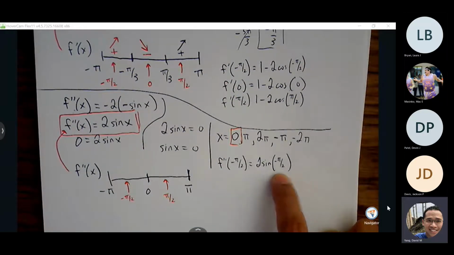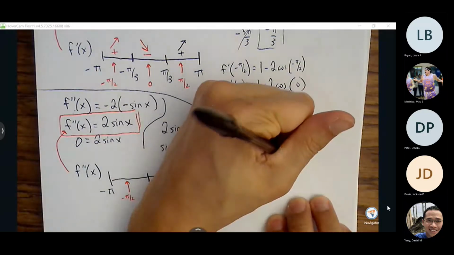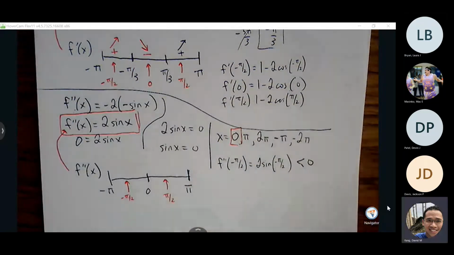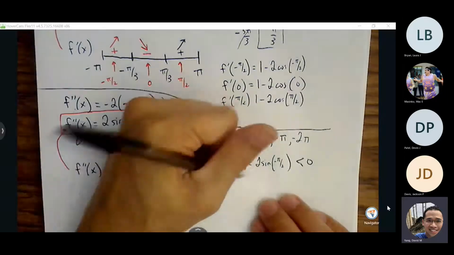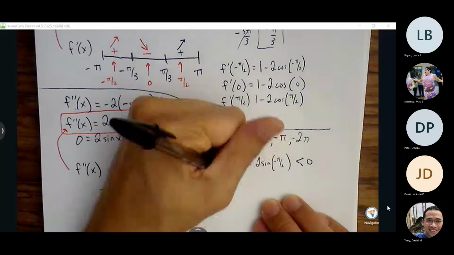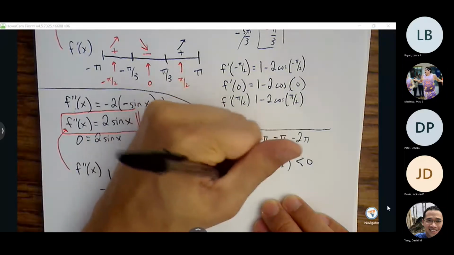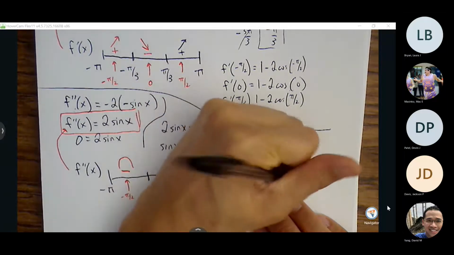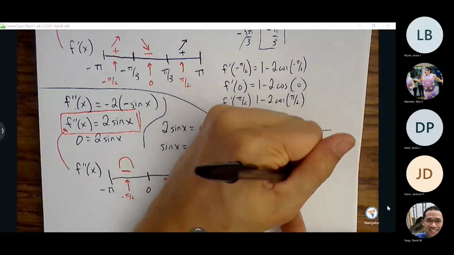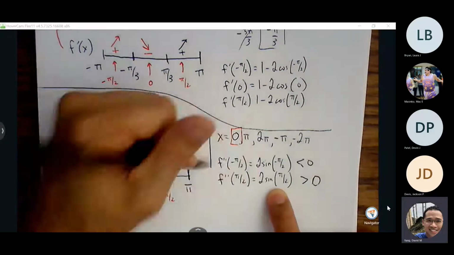That's going to be a negative. Negative 1 times 2 is negative. So negative is going to correspond with concave down. Positive.